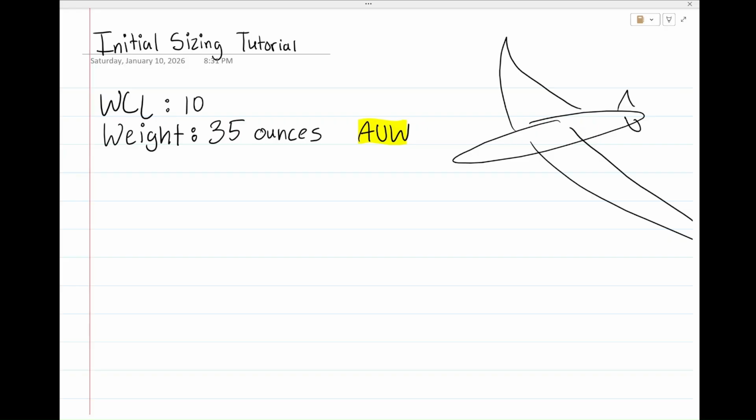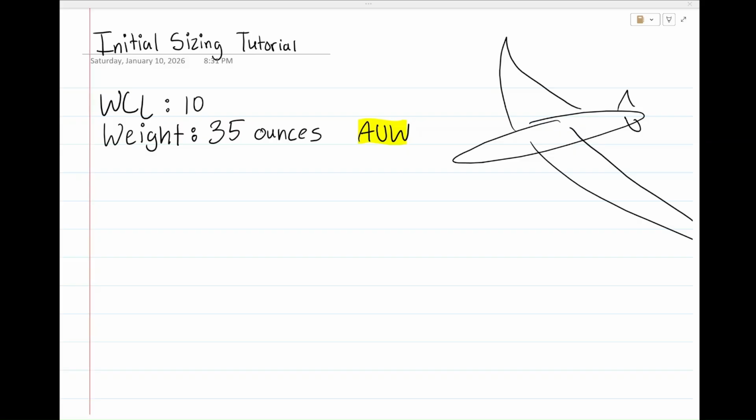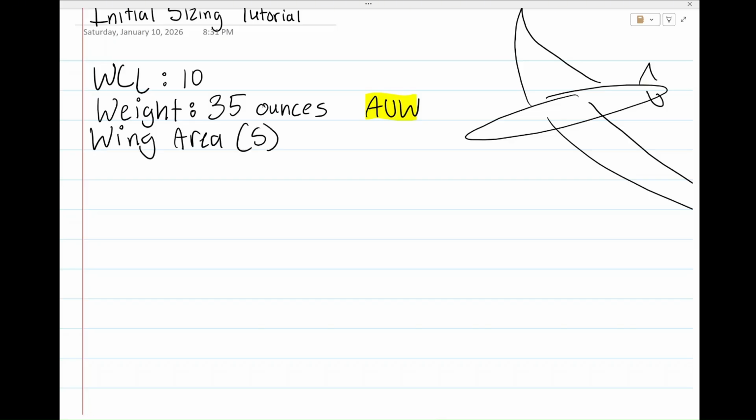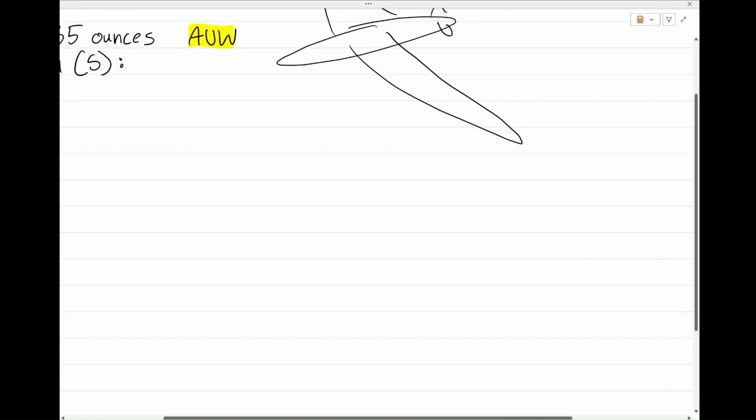This is where the other parameter I was talking about, your calculated parameter, comes in, which is the wing area. We have wing cube loading, and we have the takeoff weight in ounces. We can just calculate for the wing area. Wing area I'm going to write as S, because that is the variable wing area is usually written in.